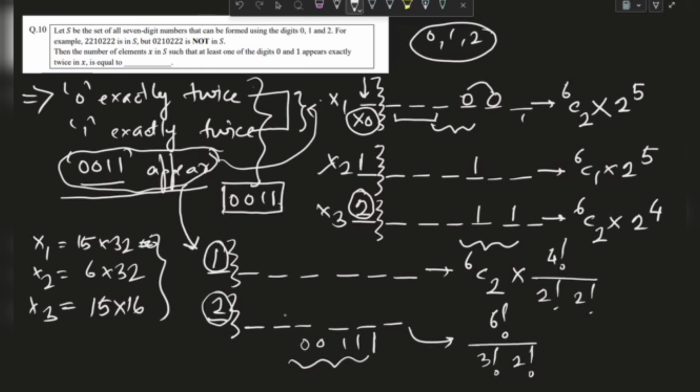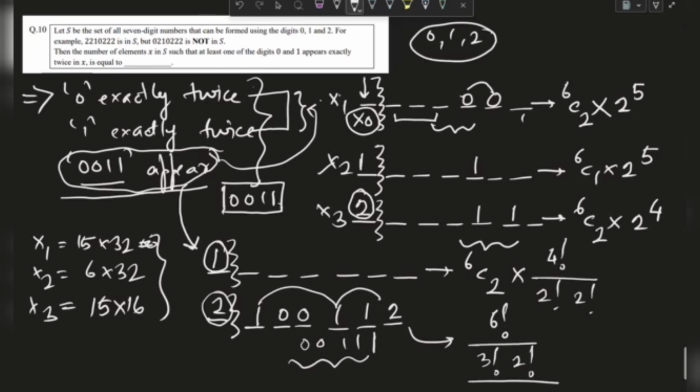Because if you notice carefully, in whichever fashion I place 0, 0, 1, say I place it like this, 0, 0, 1, 1, these 2 places can be filled either with 1 or 2, because you can't use 0. So if we place 2 here, say 1 here, so we have 3 ones. So basically 6 factorial by 3 ones, so 3 factorial and 2 factorial.